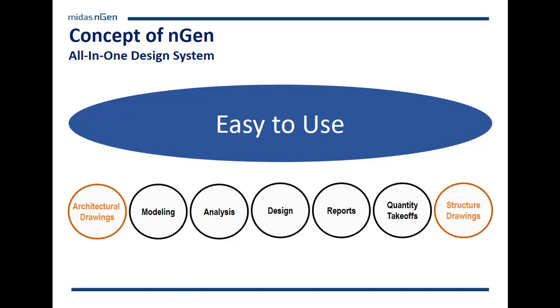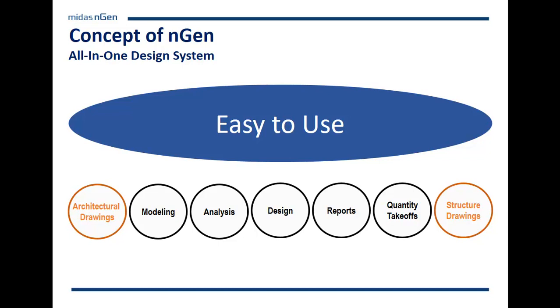If you bring in data from architects in the form of architectural drawings, you can directly import them into the software and quickly generate the model. You need not create any section sizes or offsets manually. Everything can be done based on the architectural drawings, and then you can proceed with the analysis as well as design. You can design RC as well as steel members.